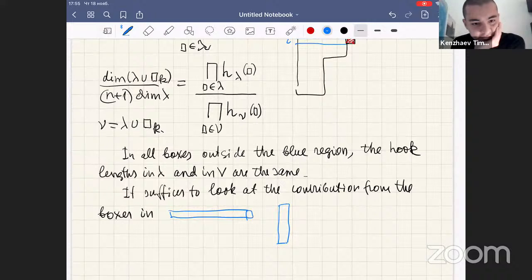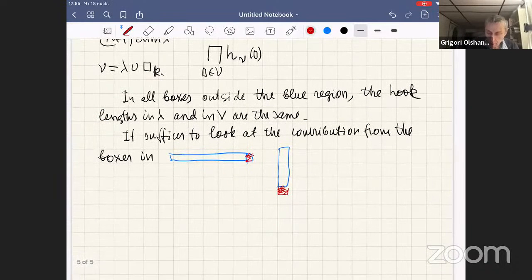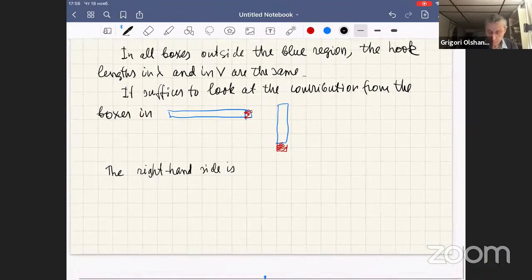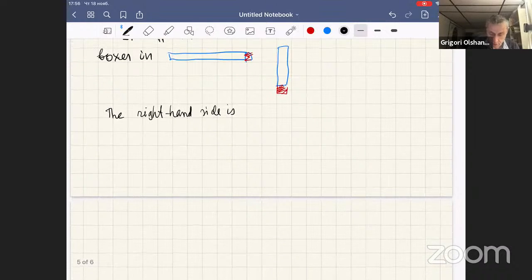So this is our box. Okay. So actually, the right-hand side is as follows. We take the product of the blue boxes.